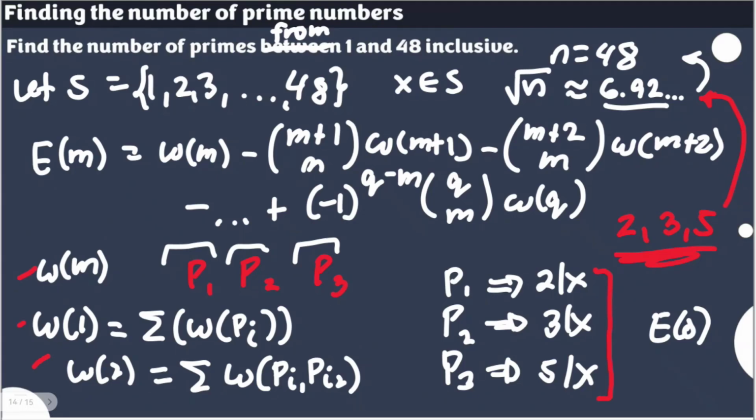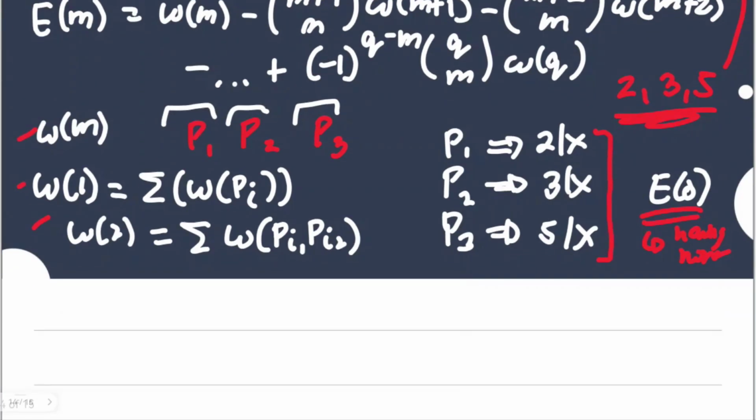Because if they are numbers that are divisible by 2, 3, and 5, or even a combination, then they are composite. This is where E of 0 will come in, because E of 0 talks about having none of these properties. That is why we will be solving E of 0, and this will tell us the number of primes as we look into the opposite aspect of the computation.